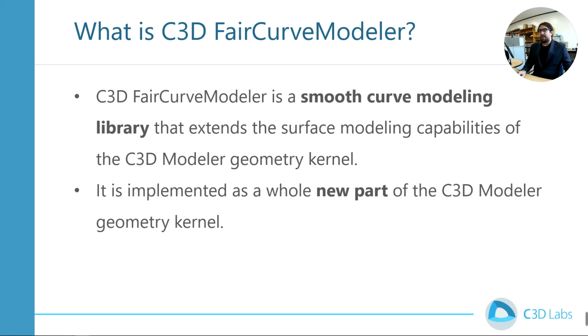First of all, C3D FairCurveModeler is a library for smooth curve modeling that extends the surface modeling capabilities of the C3D modeler geometry kernel. It's implemented as a whole new part of the C3D modeler geometry kernel.